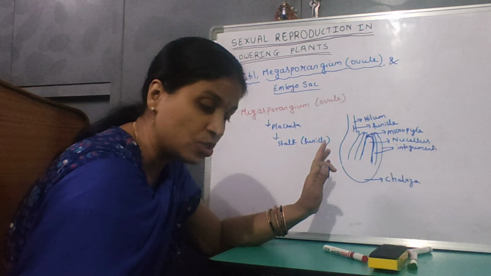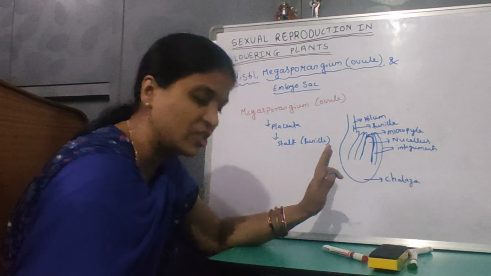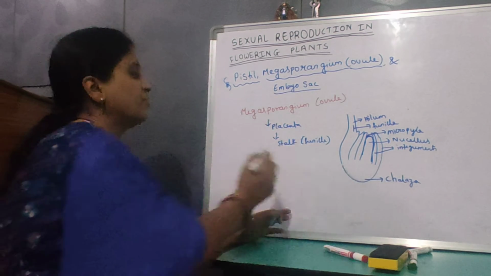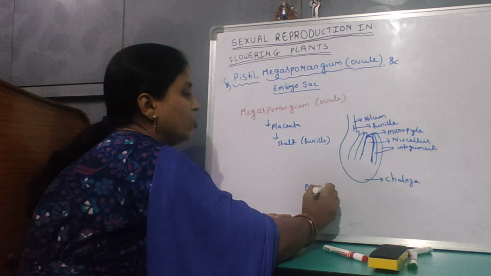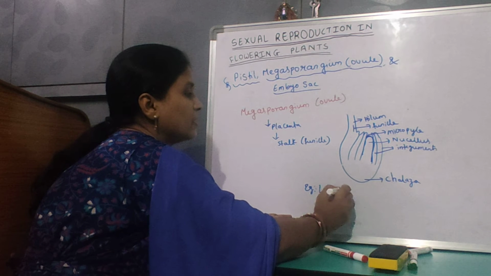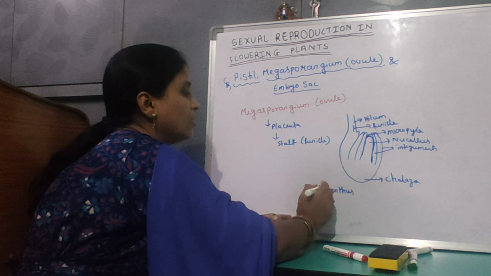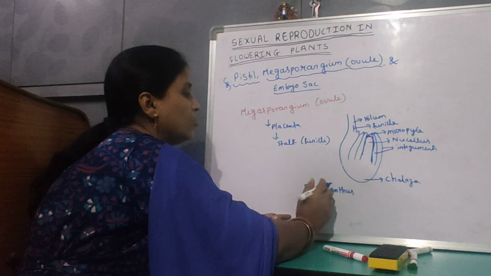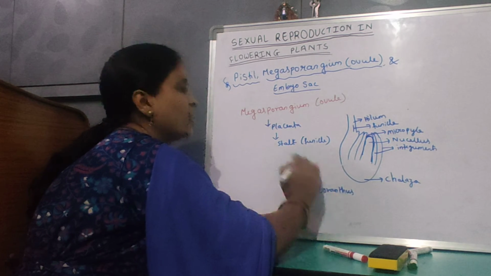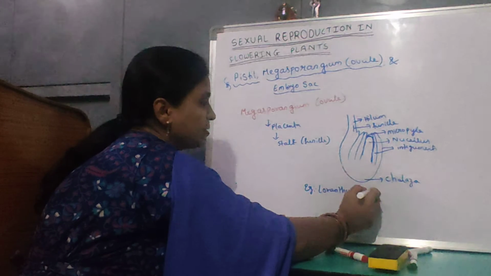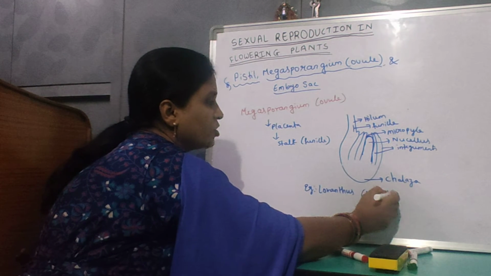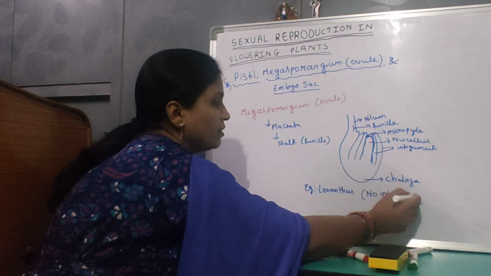It is not at all covered by integuments in Loranthus. In Loranthus there are no integuments at all, just the nucellus is present. These are neat questions, you have to remember.